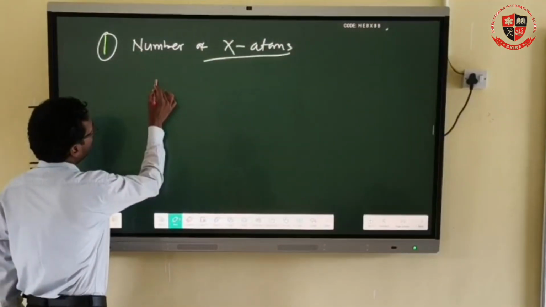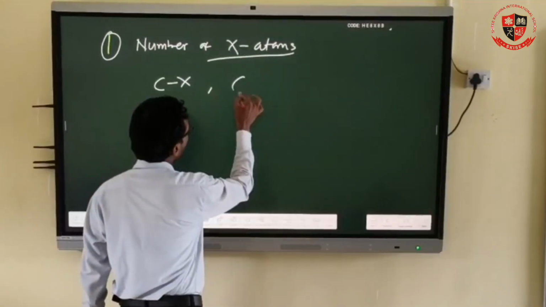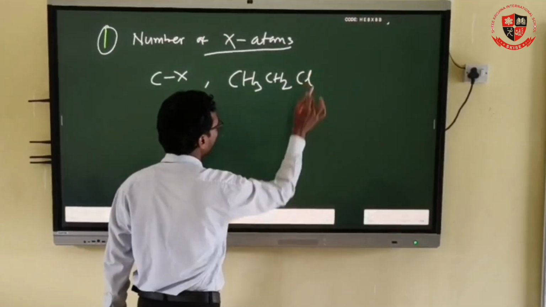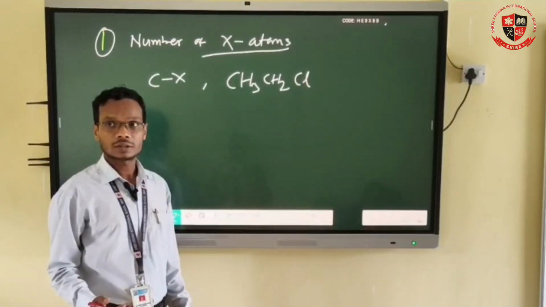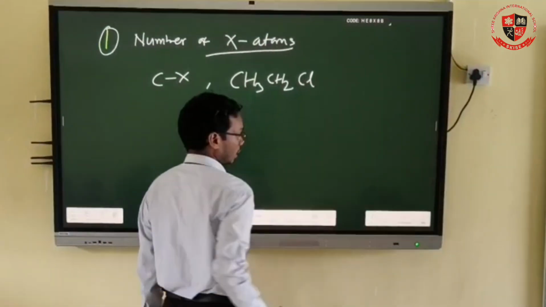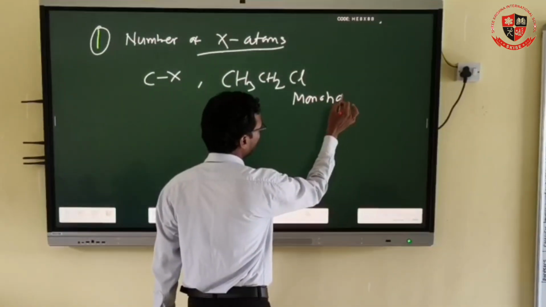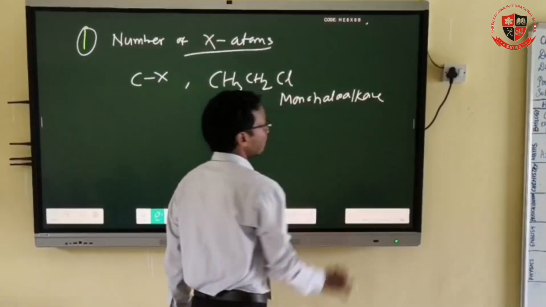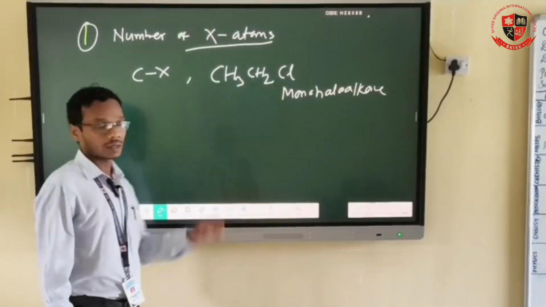If it contains only one halogen, suppose your example is CH3CH2Cl. The name of this compound is chloroethane. This compound contains one halogen. This type of compound is called monohaloalkane. If there is one halogen, it is called monohaloalkane.